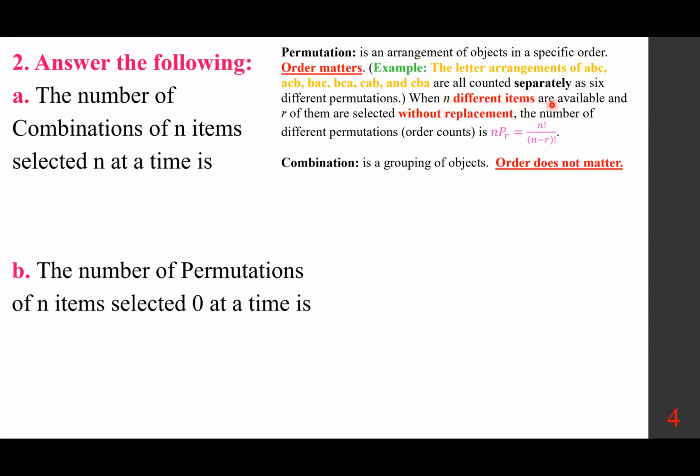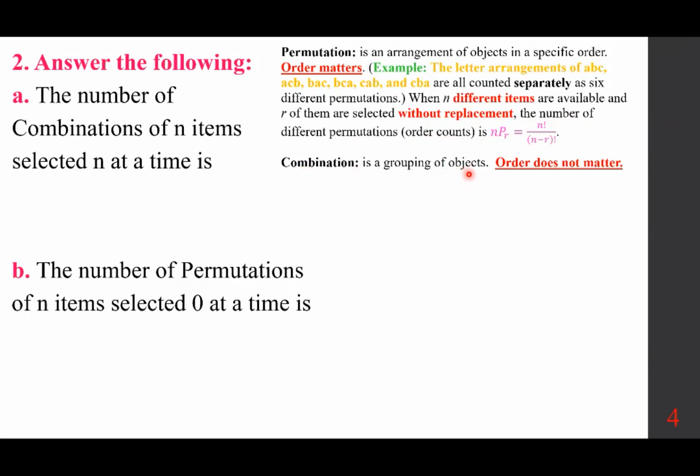When n different items are available and all of them are selected without replacement, and that's the key, the number of different permutations, where order counts, nPr, is n factorial over n minus r factorial.